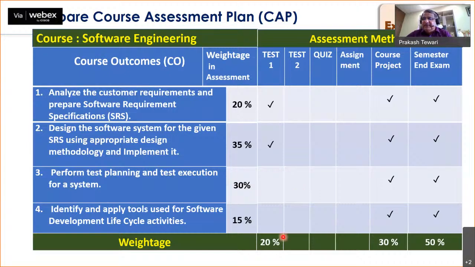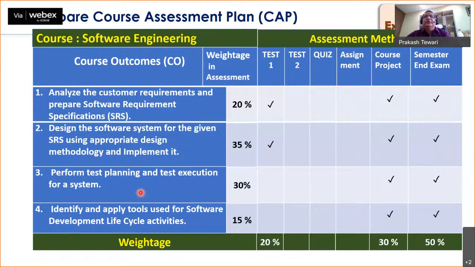So what they did was, as I said earlier, 50% marks is given to the concerned faculty member. Here, this faculty member selected 20% for test one and the remaining 30 marks for the course project. Whatever concepts are covered in CO1, CO2, CO3, CO4 will all be tested when the students are doing the course project, and the rubric that will be used will have performance parameters related to the COs.